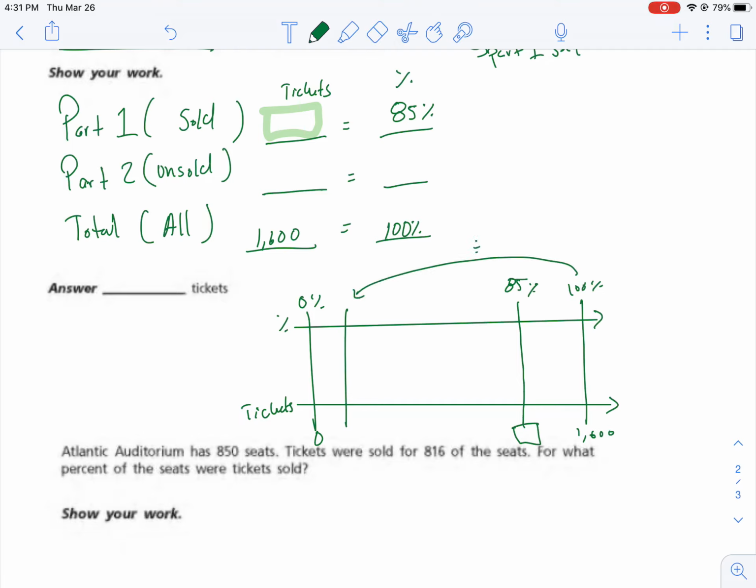So divide the top and the bottom by 20. I get 5%, and 1,600 divided by 20 gives me 80. So 5% represents 80 tickets. Now let's multiply 5 times 17, and that gives me 85.